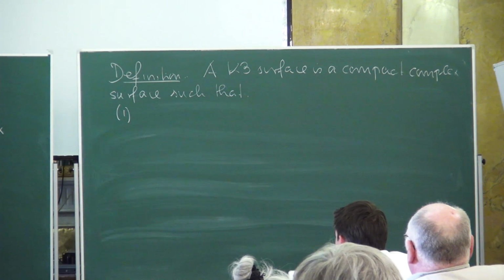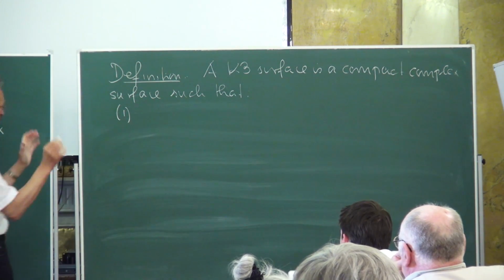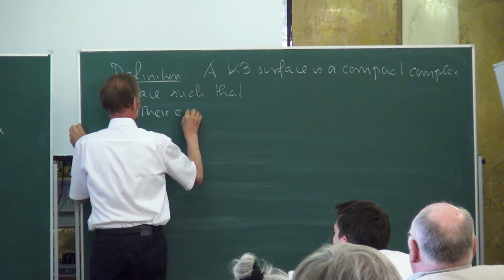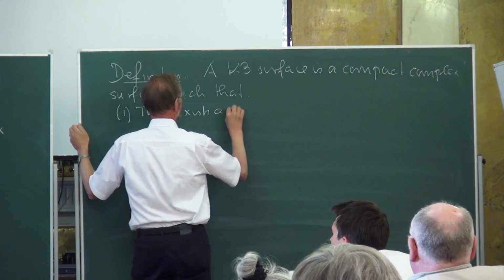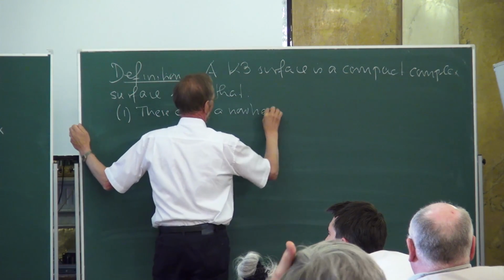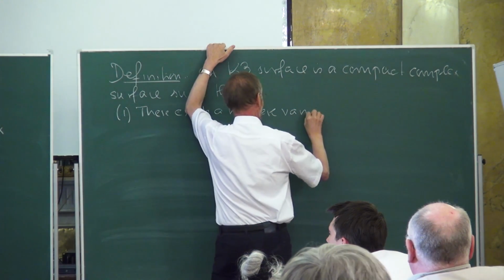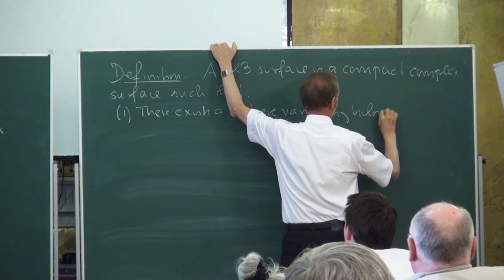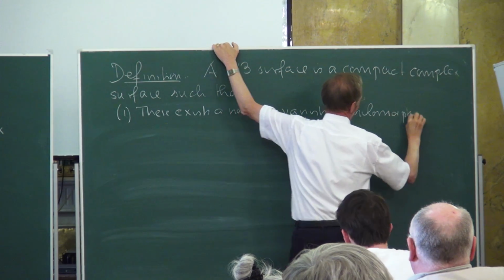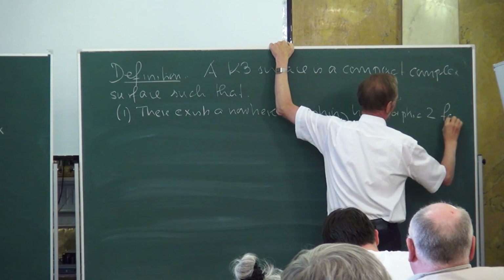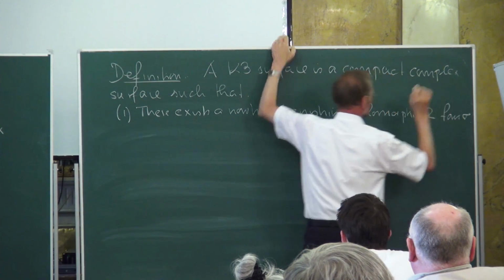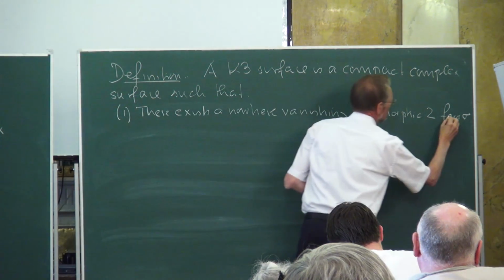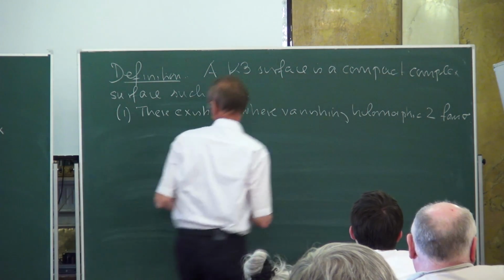First of all, there exists a nowhere vanishing holomorphic 2-form, call this sigma.